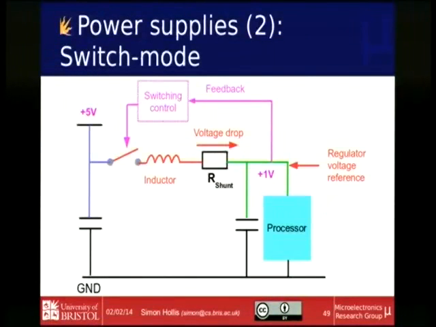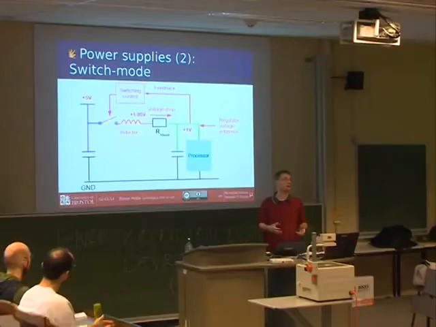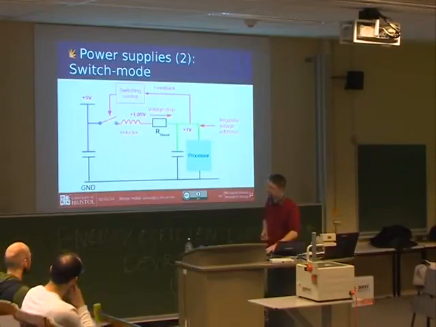It's 5 volts in. You'll get 1 volt out if it's a 1 volt power supply. The reason is that the power supply will adjust on the other side of the shunt resistor. Since the shunt resistor is there, it notices that the voltage changes across it. So now you can run your processor at 1 volt, which is potentially perfect. So it's better from the point of view of being able to make it more accurate for the conditions you want.